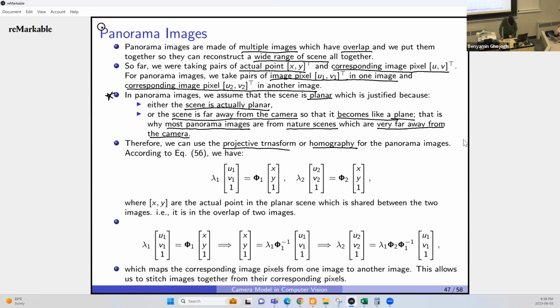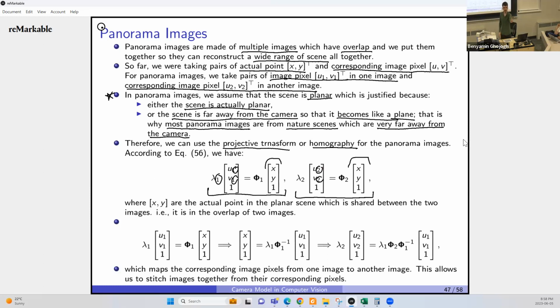Okay. According to equation 56, we found for homography, consider these two. I'm repeating equation 56 for the two images that have overlap, right? Image 1 and image 2: lambda 1, u1, v1, 1, and lambda 2, u2, v2, 1, but we have one x, y, 1. What?